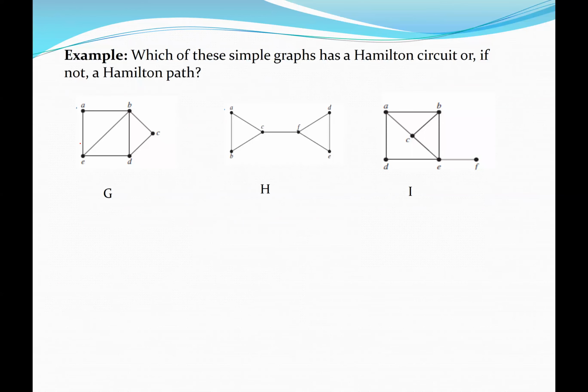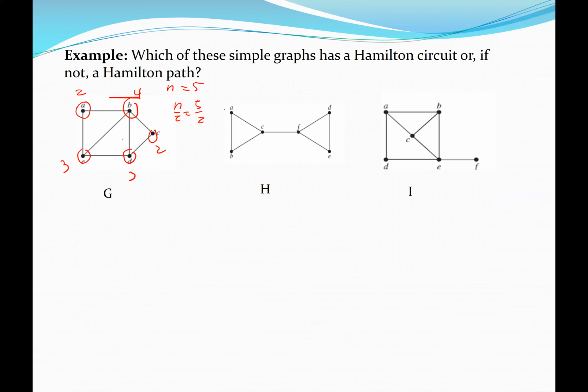We have 1, 2, 3, 4, 5. So n equal to 5. So n over 2 equal to 5 over 2. So degree of this is 2, degree of that is 1, 2, 3, 4, degree of that is 3, degree of that is 3, degree of that is 2.